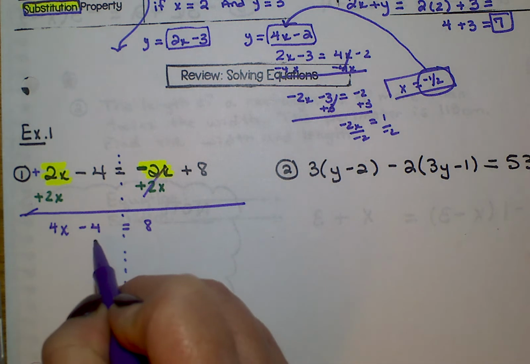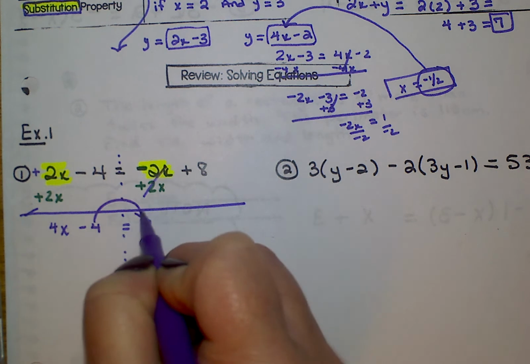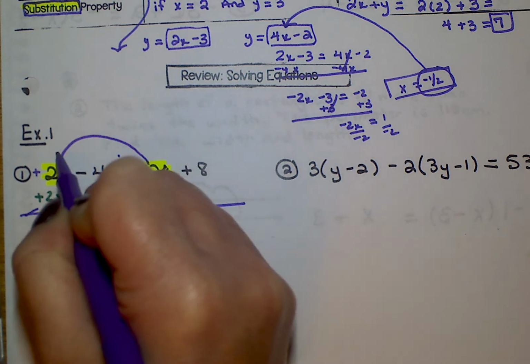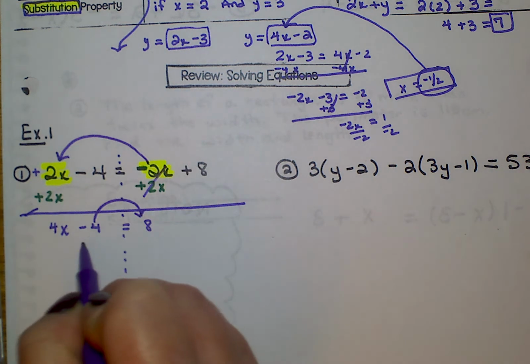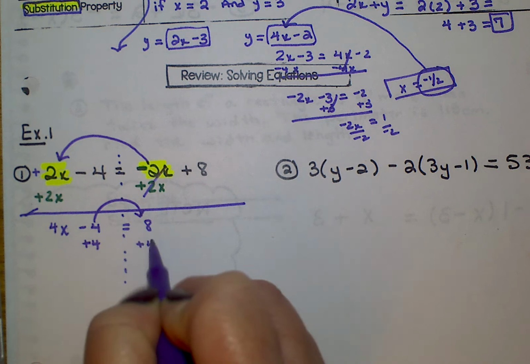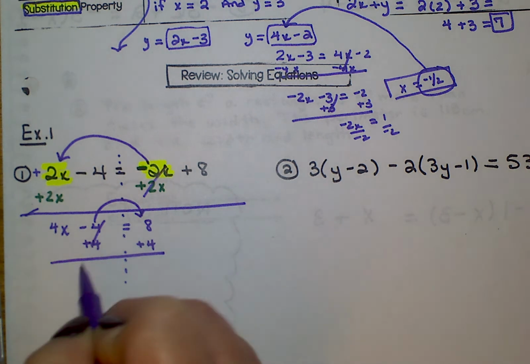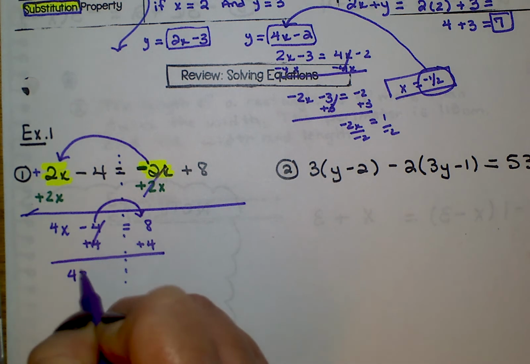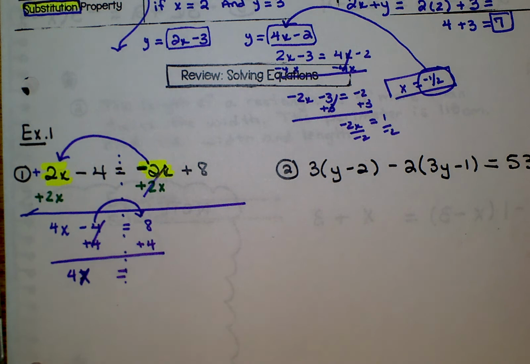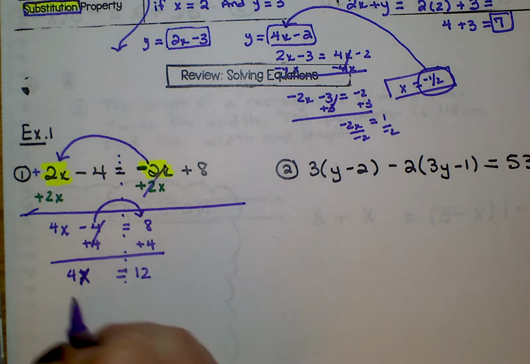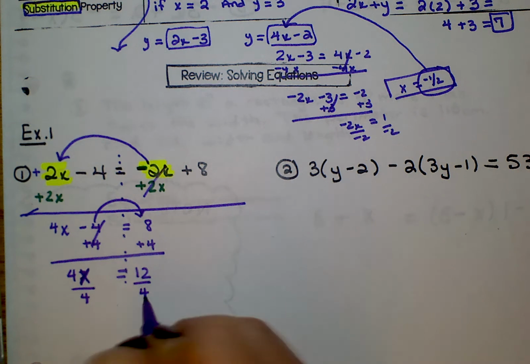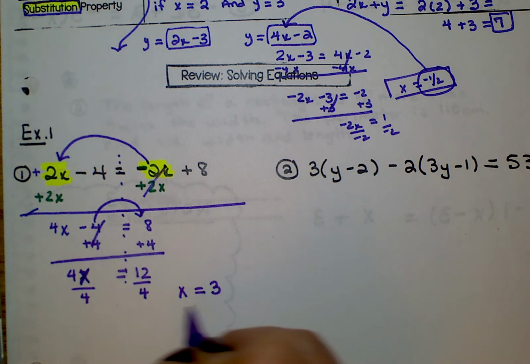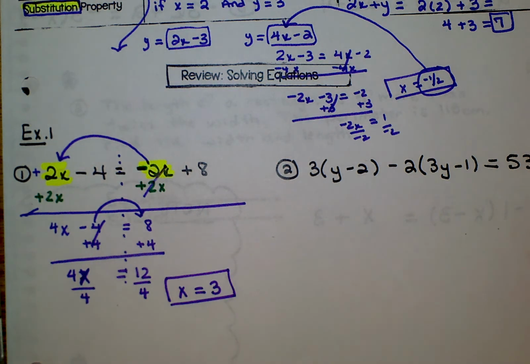Now I'm going to get the number to the right since I moved the letter to the left. So I'm going to use the addition property again. So I have 4x equals, add your 8 and 4, divide by 4, so x would equal 3.